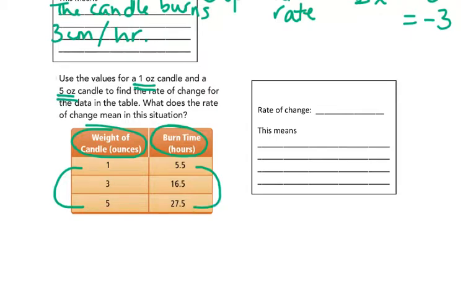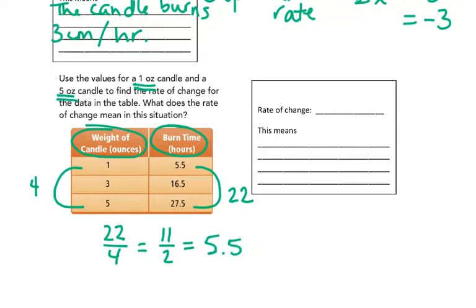So the rate of change is from 5.5 to 27.5. That means it goes up 22. And the weight of the candle from 1 to 5 goes up 4. So we're going to do 22 over 4, which simplifies to 11 over 2. But since we have decimals in the burn time, we're going to go ahead and write 11 over 2 as 5.5.